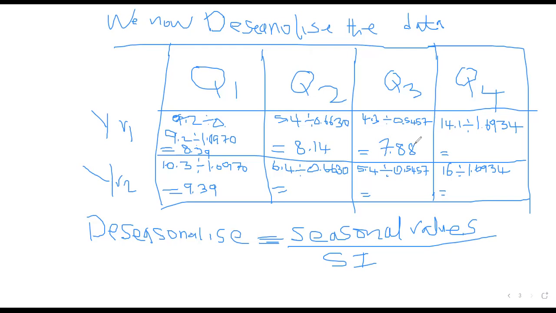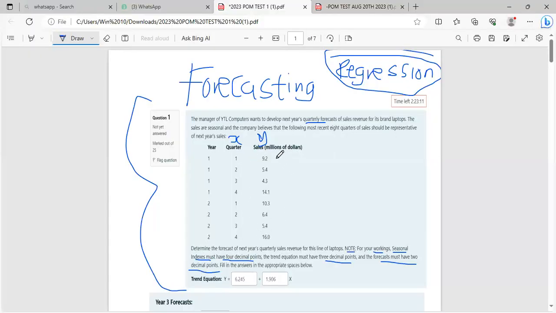Are people following so far? I'm following, sir. 6.4 divided by 0.66. So we are deseasonalizing the data. Simply, we are dividing the original data from the question here. These are called seasonal data for year one, with 4 quarters, and year two, with 4 quarters.